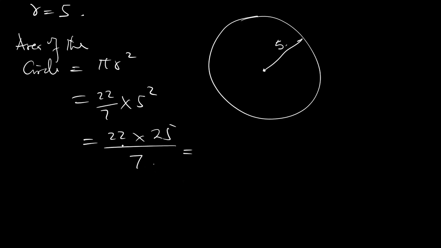So I can leave it like this, or I can calculate it. If I want to do that, say 20 times 25 is 500, plus 2 times 25 is 50, that is 550 divided by 7 square units.